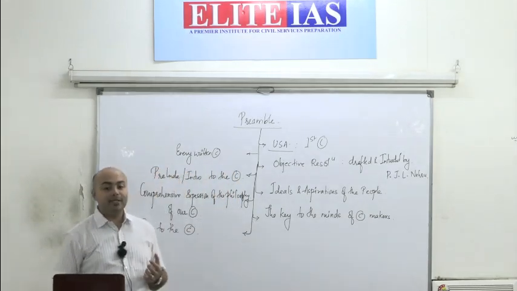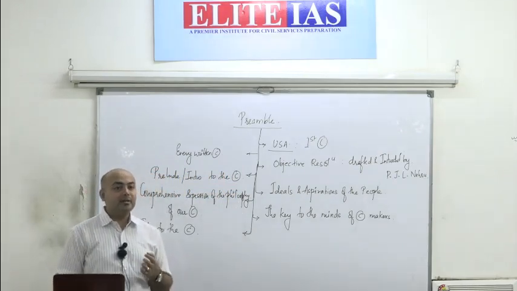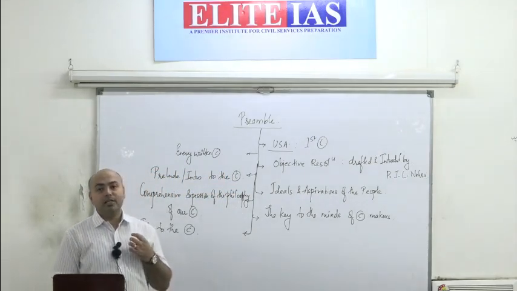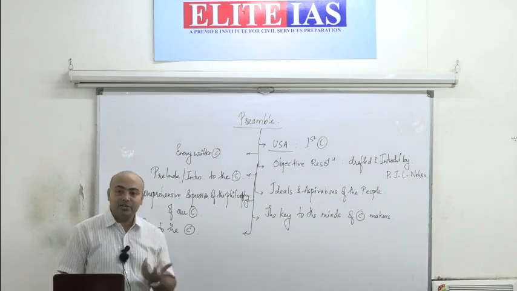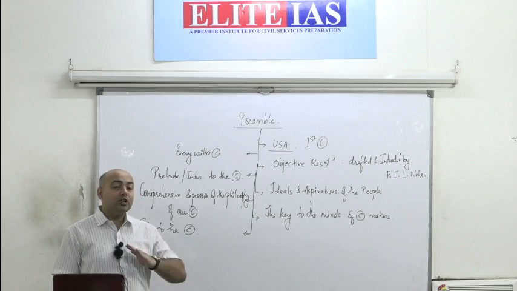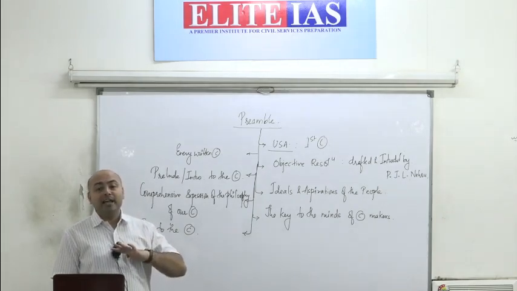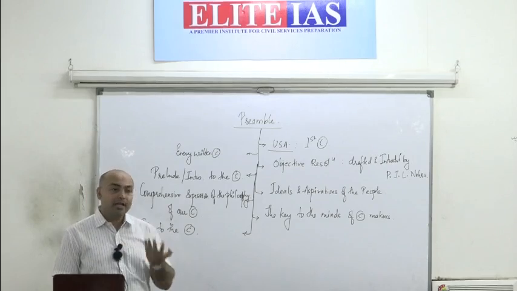I cannot claim this. Why? Because the philosophy, the ideals or the aspirations mentioned in the preamble are not to be enforced by the court. The court cannot enforce it.